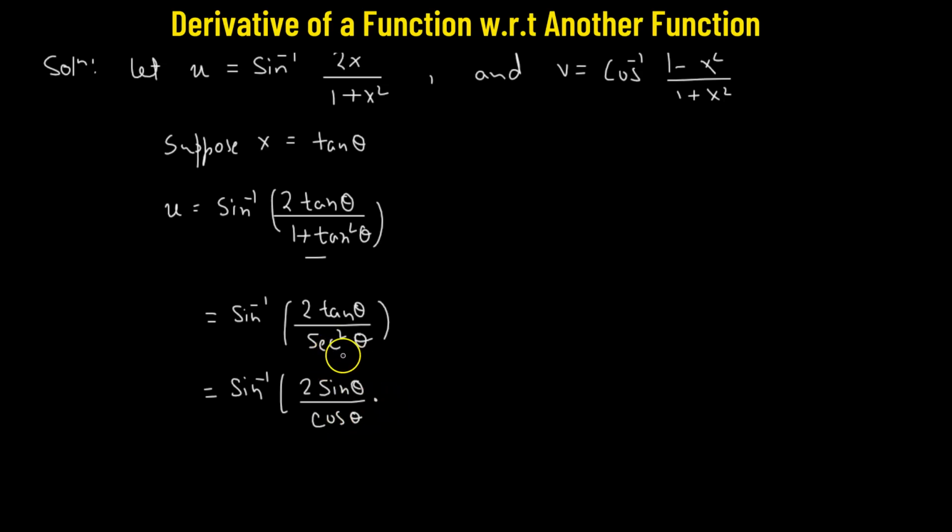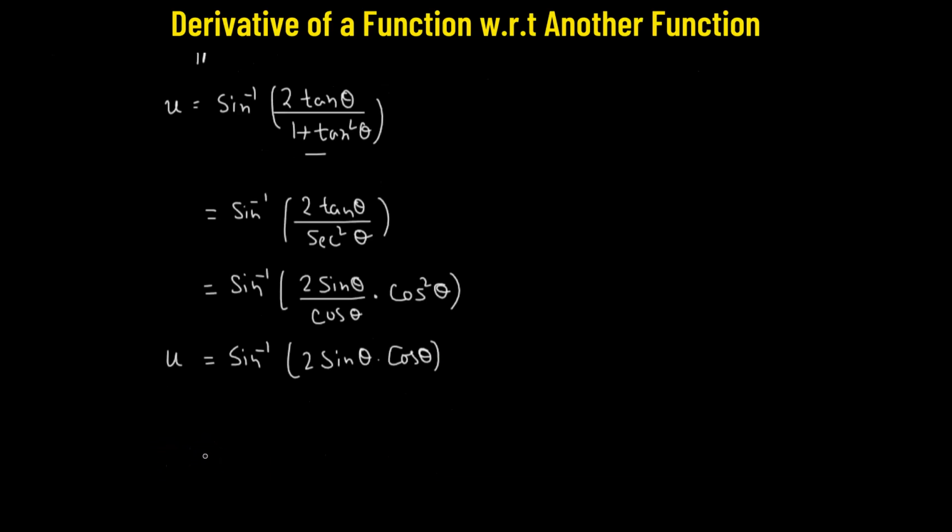Now we know secant theta is the reciprocal of the cosine function, so it goes to the numerator and simply becomes cosine squared theta. So this will be equal to sine inverse of 2 times sine theta times, so we have 1 cosine theta from the numerator and 1 from the denominator cancelling out to give us cosine theta.